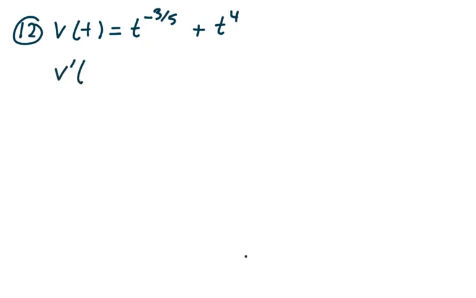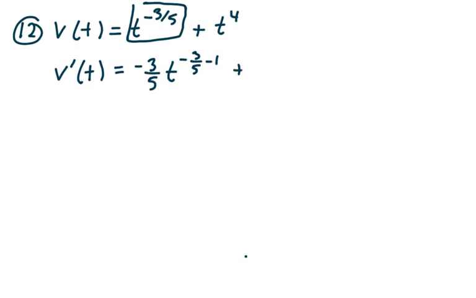So if I want v prime of t, now what I'm going to do is take the derivative of the first term, which is negative 3/5 t to the negative 3/5 minus 1. Okay? Because in this example, n is negative 3/5.